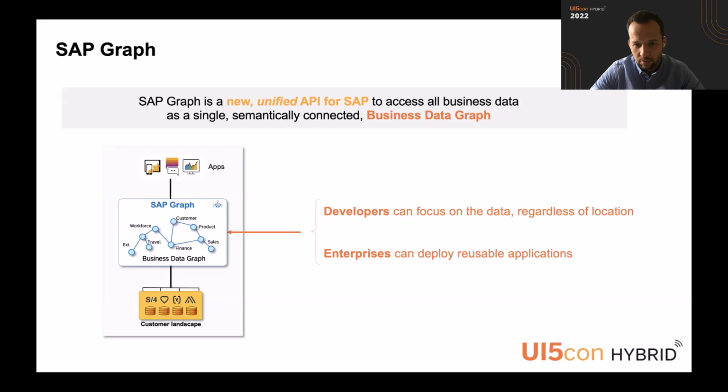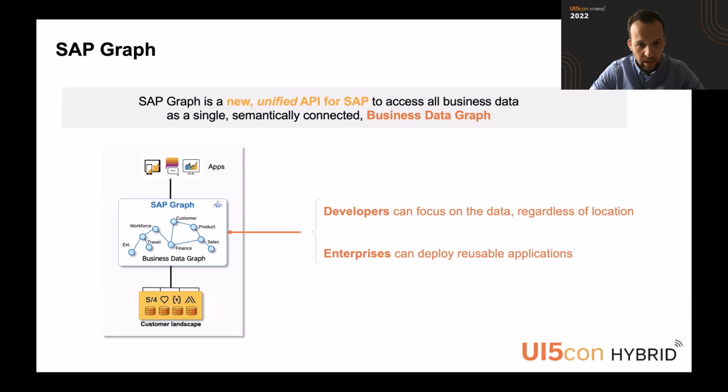It's one API, and all the data queries that you make go through that one API. And for enterprises, it allows them to have an interface to all their data and for all their applications, so that they can actually be reused.